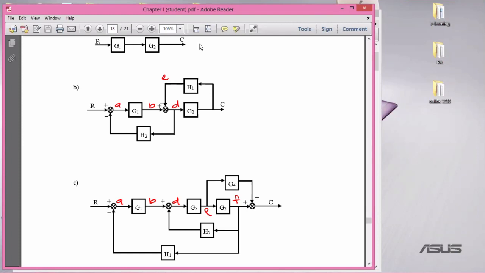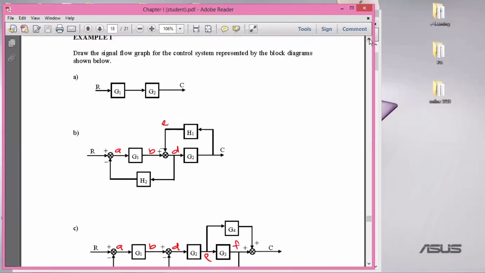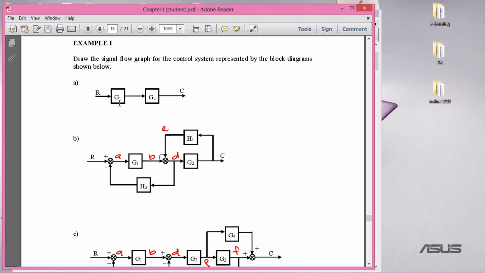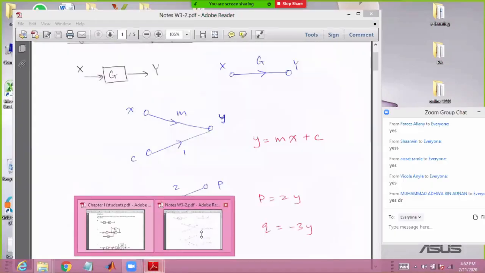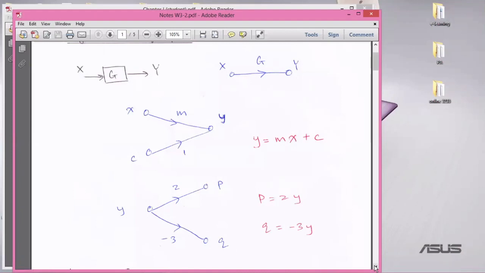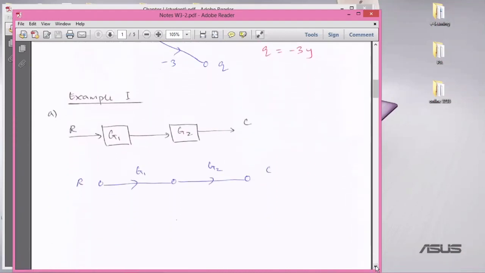We have a simple series of blocks for part A. We have two blocks, G1 and G2. So you can simply draw that there.